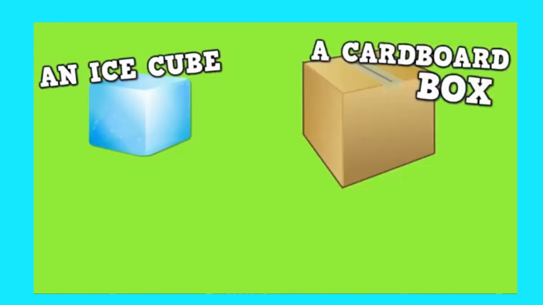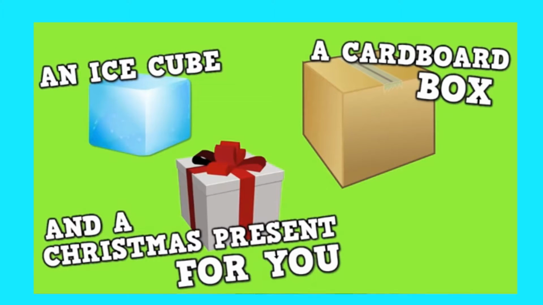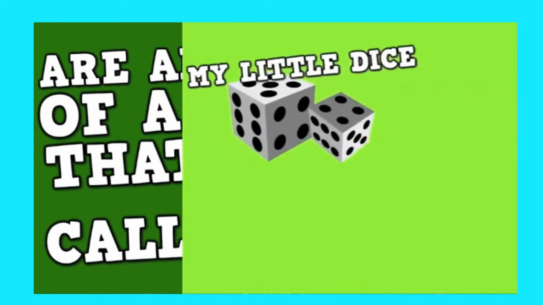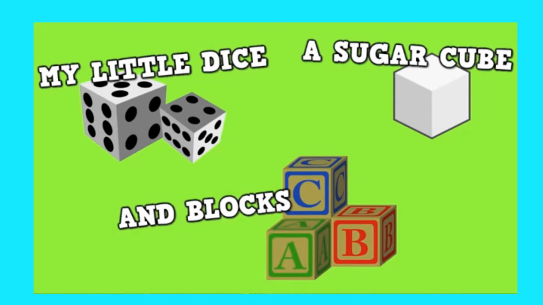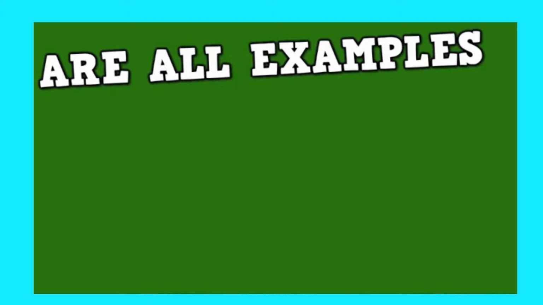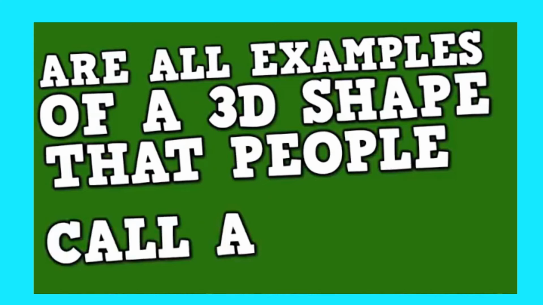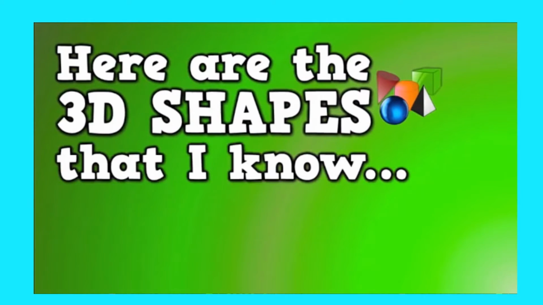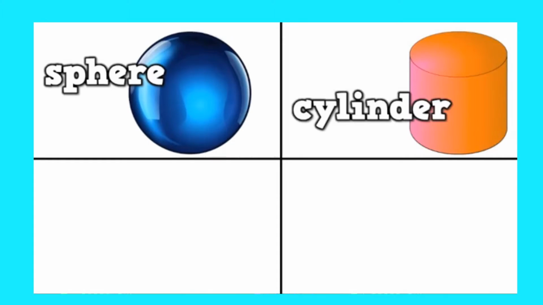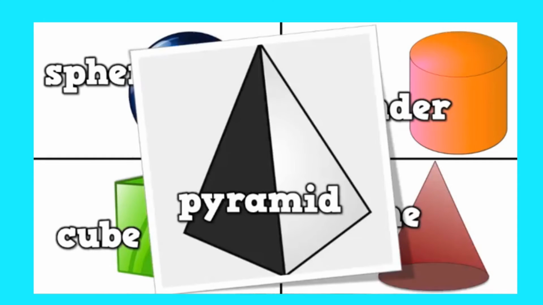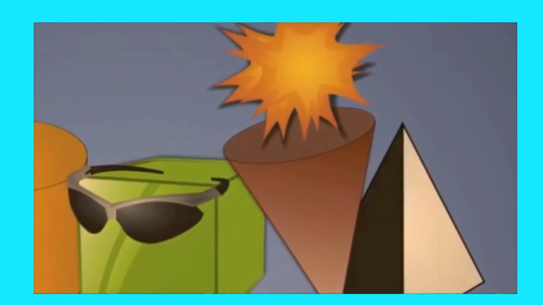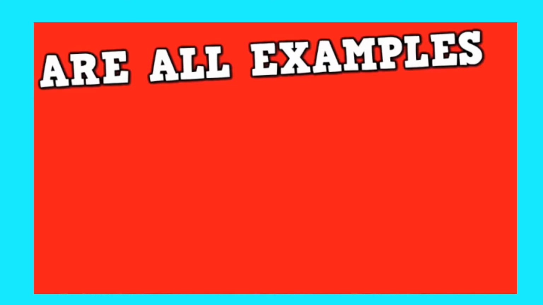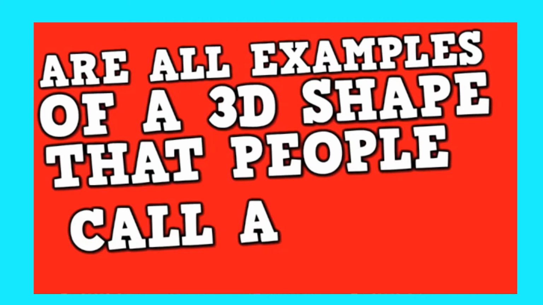An ice cube, a cardboard box, and a Christmas present are all examples of a cube. My little dice, a sugar cube, and blocks are all examples of a cube. An ice cream cone, a pencil tip, and a megaphone are all examples of a cone.